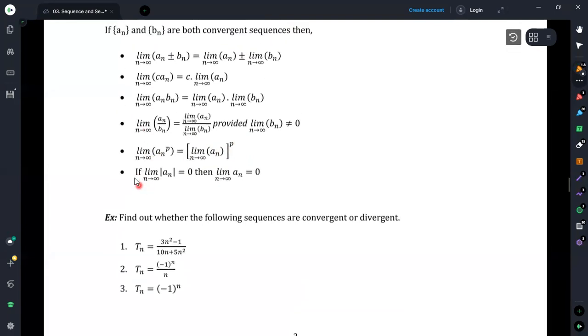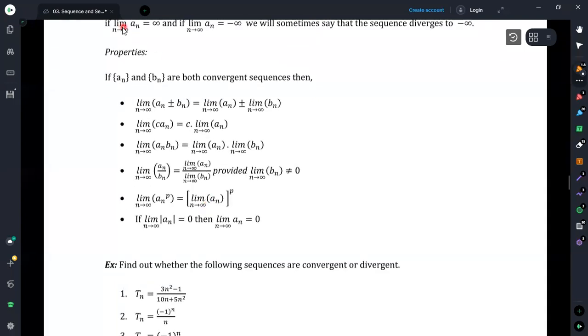Then if the new sequence is obtained by taking the modulus of the existing sequence, then if the limit as n goes to infinity of the modulus of an equals 0, then the limit of an as n goes to infinity is also equal to 0.